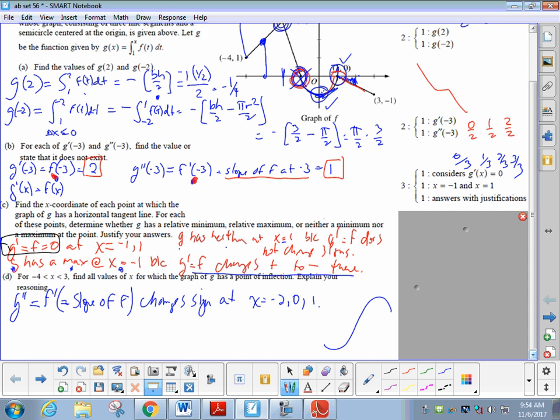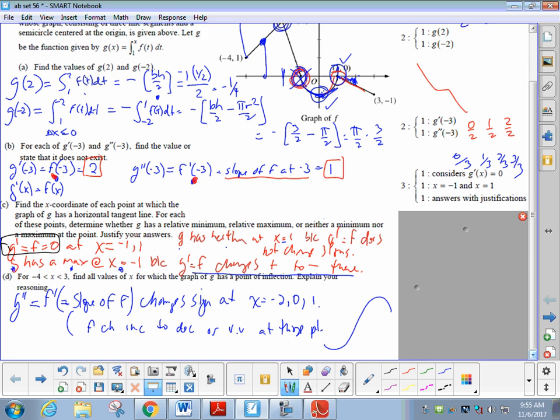I guess I already have my justification. I put my justification first. You could say G has inflection points at -2, 0, 1 because G prime, double prime, which equals F, changes signs. You could say because F changes from increasing to decreasing or vice versa at those points.